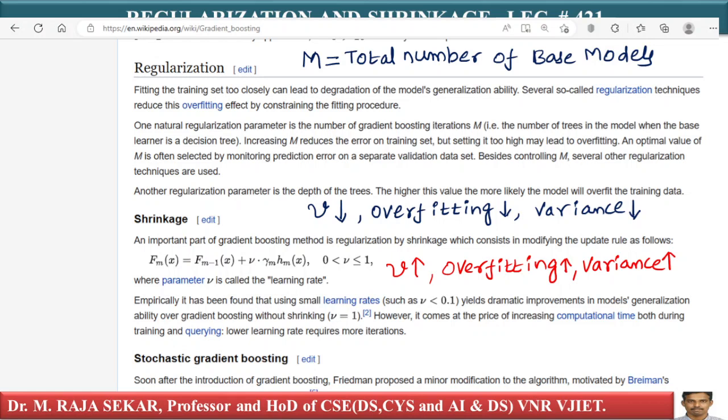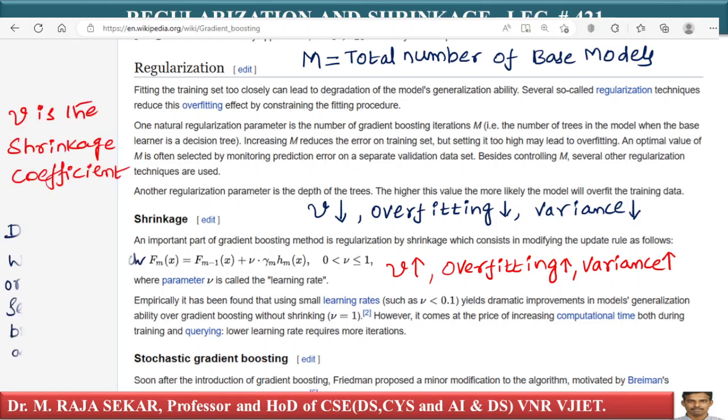Of course, the ideal thing would be to do cross validation with grid search or random search on both these variables. You have capital M, which is the number of base models, and nu, which is shrinkage.